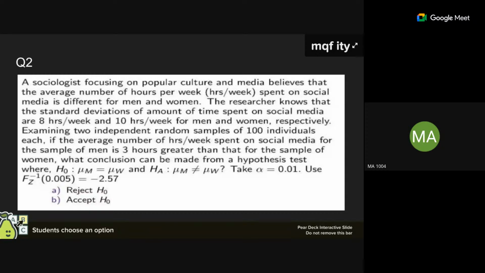Examining two independent random samples of 100 individuals each, if the average number of hours per week spent on social media for the sample of men is 3 hours more than that for the sample of women, what conclusion can be made from the hypothesis test at a significance level of 0.01?